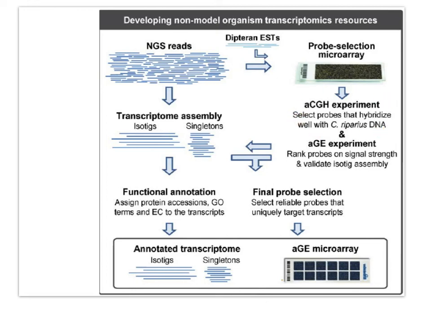This aCGH experiment stands for Array Comparative Genomic Hybridization. The expressed genes in Chironomus riparius can be determined based on the use of EST probes.